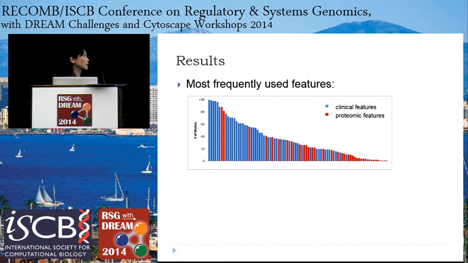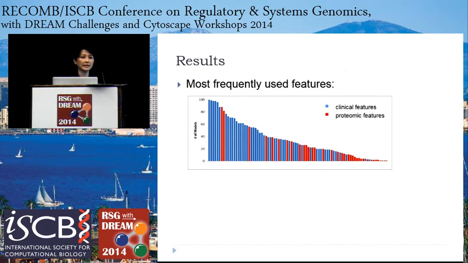Then I sorted all those features based on the number of models they were used in. Out of those 231 proteomic features and 40 clinical features, only 81 of them were included in at least one model. The rest of them were never used in any model.